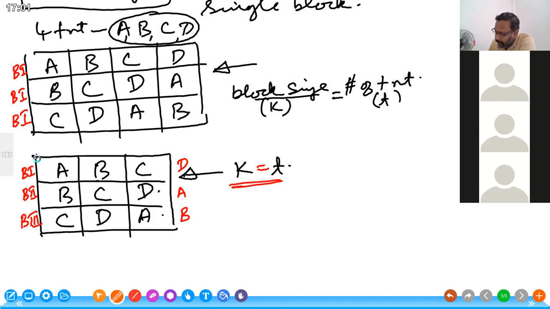This is the single block. So what is the block size? K is the block size. Tarshani? 3.